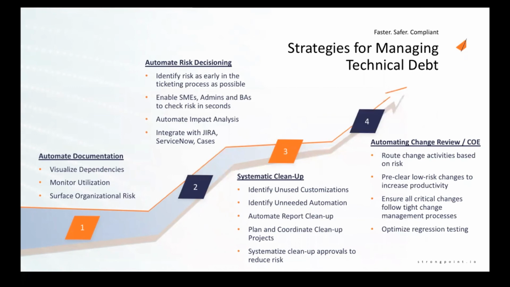If you had complete documentation of everything, not just of what's there, but of what's being used and who it's being used by, that can help unpack this very quickly. And it's the first strategy everybody should invoke.